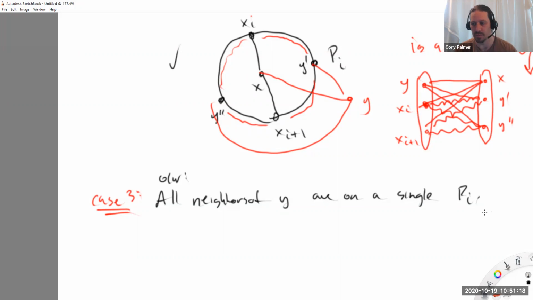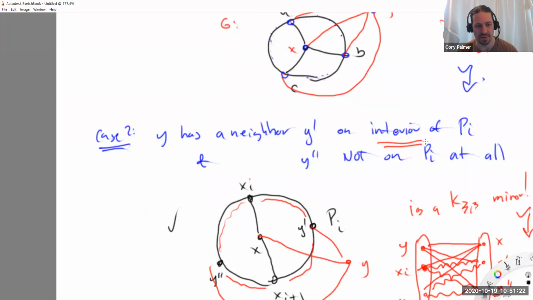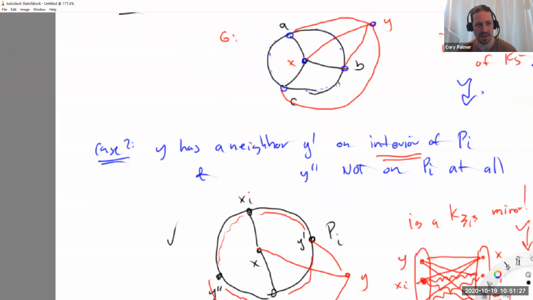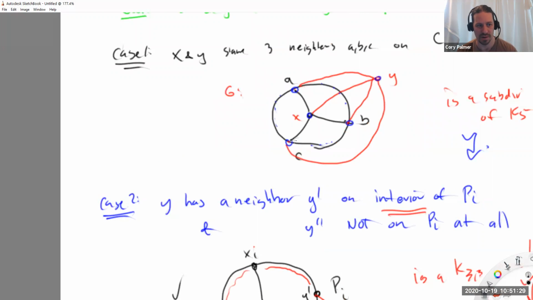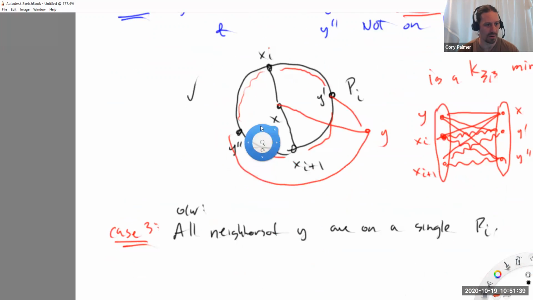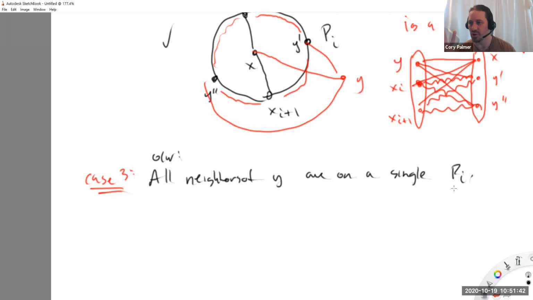So all of them appear on PI, or the possibility is the first case. Because this interior condition was demanded here, I can avoid this interior condition if all the neighbors were at corners, right? Then nothing's on the interior, but then I have 3 neighbors here on 3 different corners. Okay? So now they all live on a single PI. And that could mean you only have two neighbors and they're both at the endpoints of PI, but that's fine. They're still both on PI.